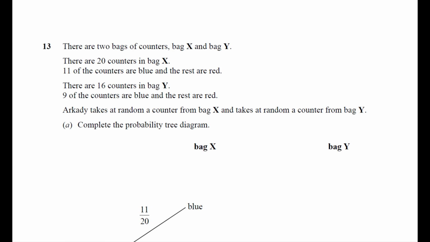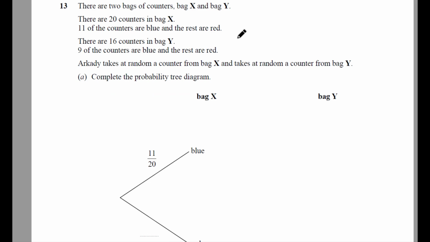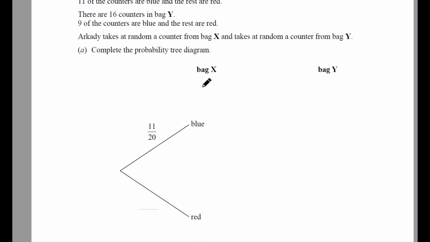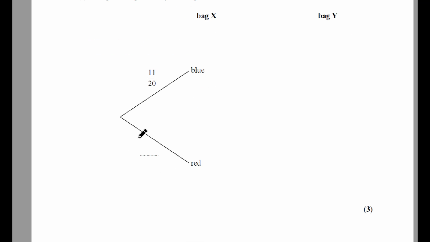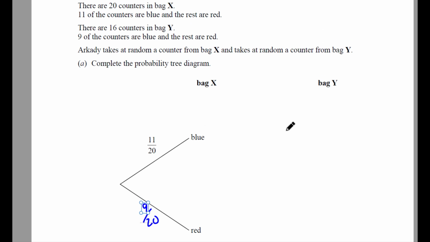13, a nice probability question. There are 20 counters in bag X, 11 of the counters are blue and the rest are red. So let's just fill that in first. Blue, the rest are red, so that must be 9 out of 20. There are 16 counters in bag Y, 9 of the counters are blue and the rest are red.